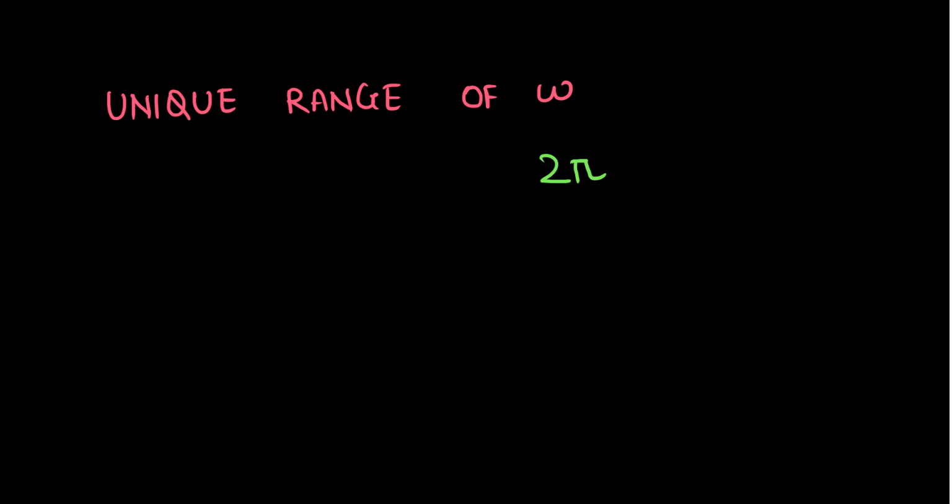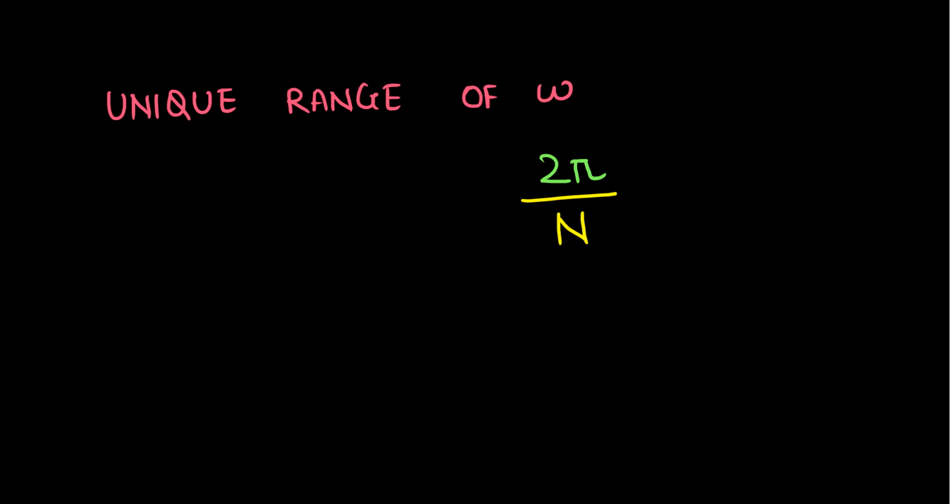So we know that this X of omega is basically periodic with period 2 pi. Now what we need to do is we need to just discretize or divide this 2 pi range into N equal parts. So we need to have N samples in this interval of 2 pi.